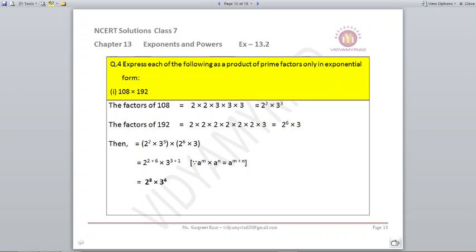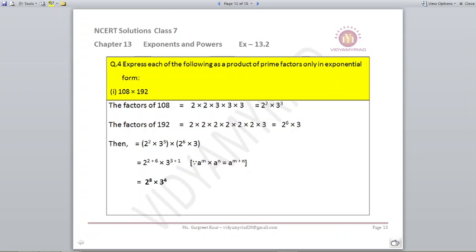Next, question number 4. Express each of the following as a product of prime factors only in exponential form. You have 108 multiplied by 192. It means we will find the factors separately and write them in powers, and then we will use the exponential rules to find the final answer. Now factors of 108 is 2 raised to power 2 multiplied by 3 raised to power 3.